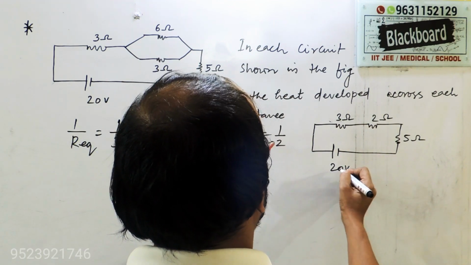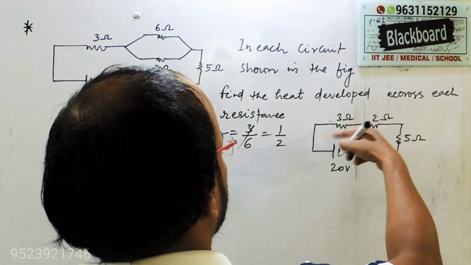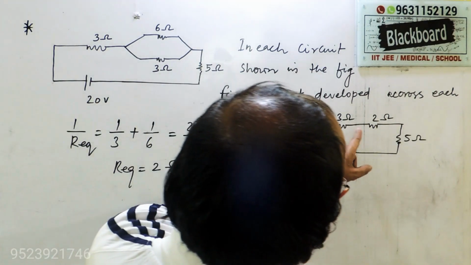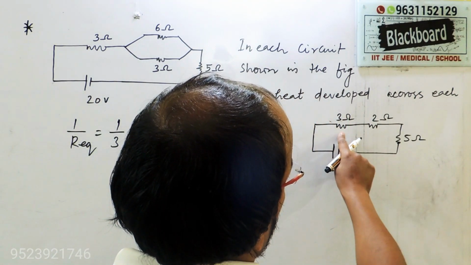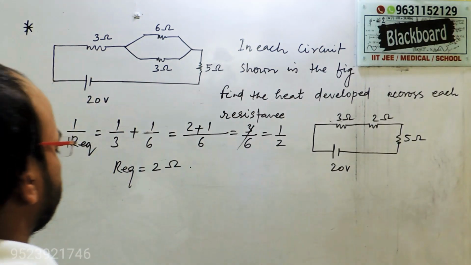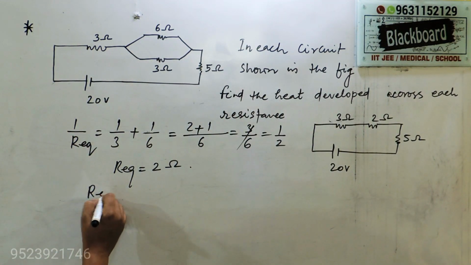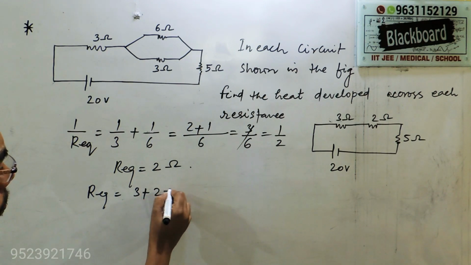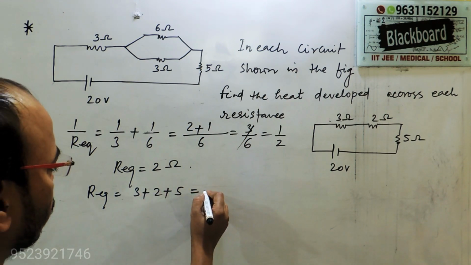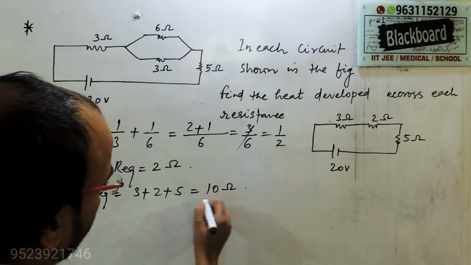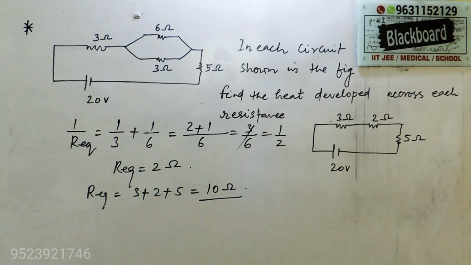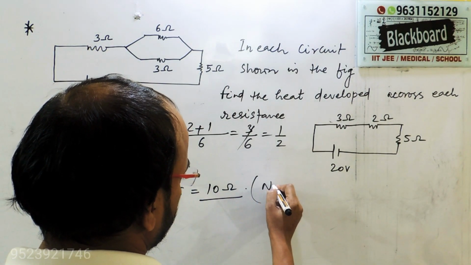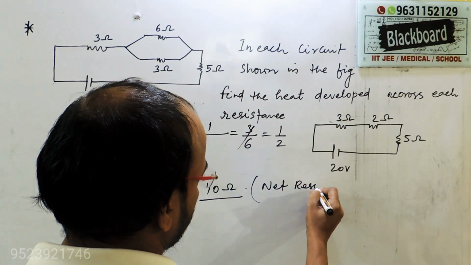This is 20 volt, and the circuit is continuous without any branching. So 3 ohm, 2 ohm and 5 ohm are in series. R equivalent finally is 3 plus 2 plus 5, that means 10 ohm, the net resistance in the circuit.